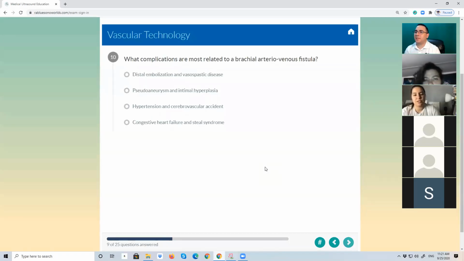What complications are most related to brachial arteriovenous fistula? Dysembolization or vasospastic disease, pseudoaneurysm, neointimal hyperplasia, hypertension and cerebrovascular accident, or congestive heart failure and steal syndrome. Congestive heart failure and steal syndrome, correct.